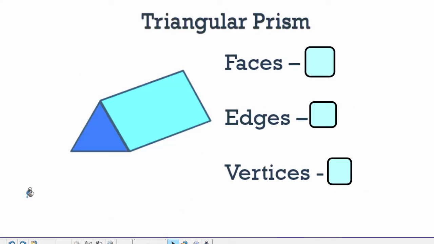Here we have a triangular prism. It's kind of like a Toblerone box. If we think about the faces, we've got 2 we can see, but there's one on the bottom as well. If I try and draw the other lines that would be on a prism, there we go. So we've got 1, 2, 3, 4 at the bottom, and then 5, this face closest to us. So that would be 5 faces.